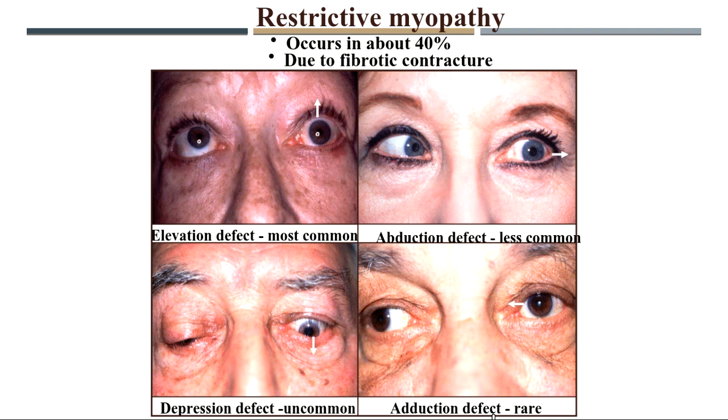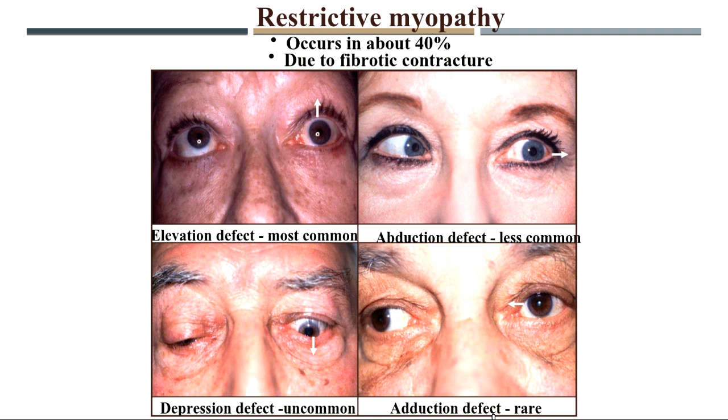Is it the superior, inferior rectus, medial or lateral? Which one is affected when you can't elevate the eye? The superior rectus? No. Anybody else? So it would be the inferior rectus.